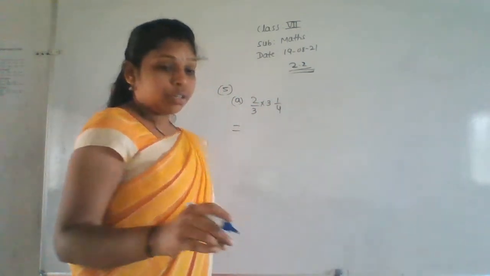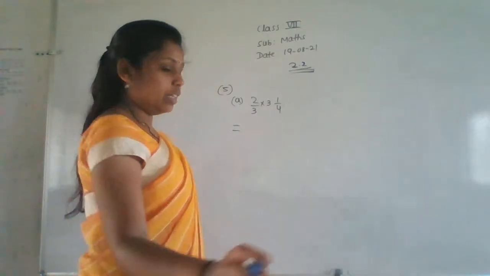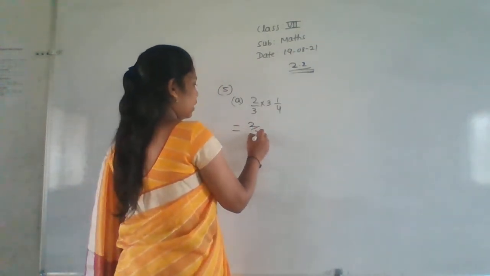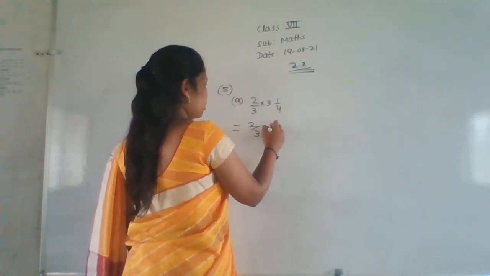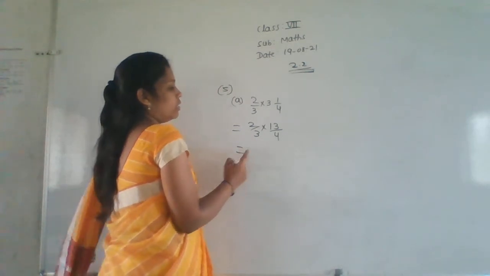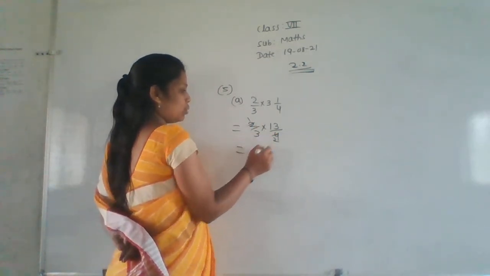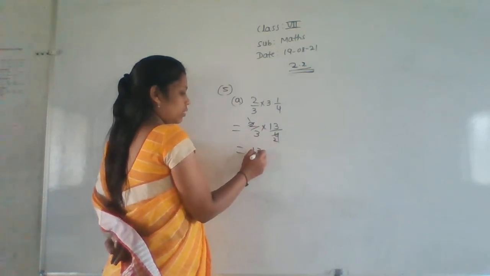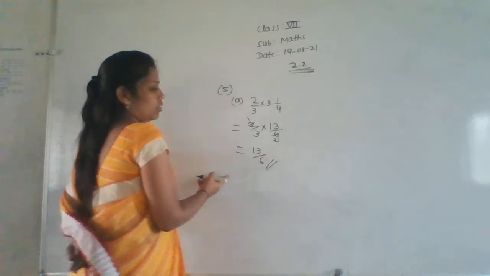Right? Now multiply here: 4 threes are 12, 12 plus 1 is 13 by 4. Right? Next, is there any cancellation here? 2 ones are 2, 2 twos are 4, so we can cancel. Next, 13 by 3 twos are 6. This is the answer. Right?